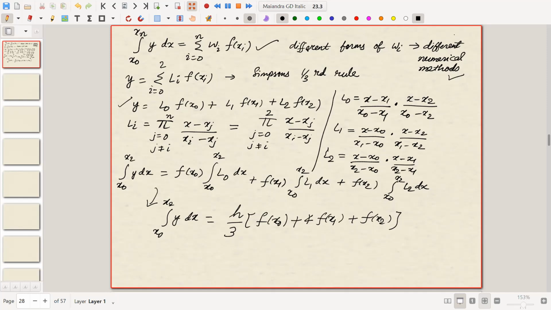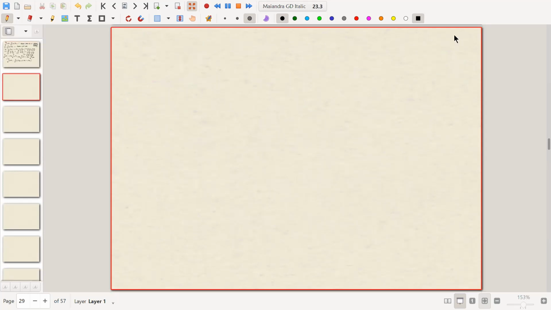For composite, what you will do is the starting point will be x1, x2, x3, then x2, x3, x4. Similarly, for the trapezoidal rule, it's very simple, it's not that difficult. Integration x0 to xn of y dx. Can you say to me what will happen?